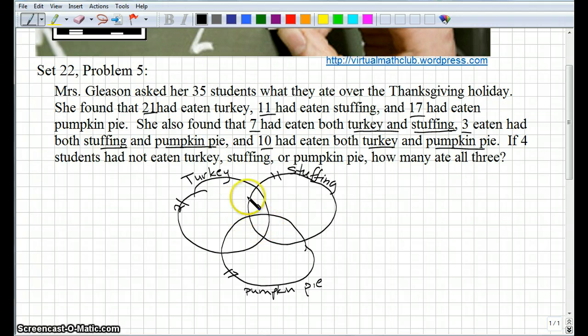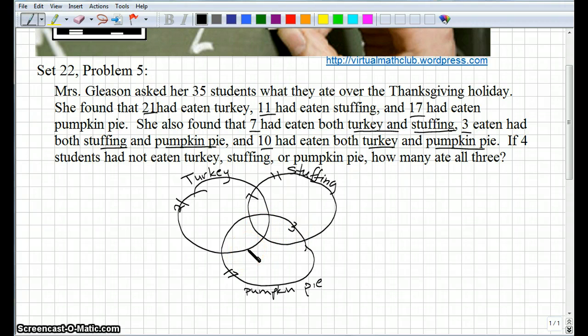So I'm going to put a 7 right here on the line. And 3 had eaten stuffing and pumpkin pie. So let's write a 3 on the line because, again, some kids ate stuffing and pumpkin pie, and some of those kids also ate turkey. So this 3 includes the kids who also ate turkey.